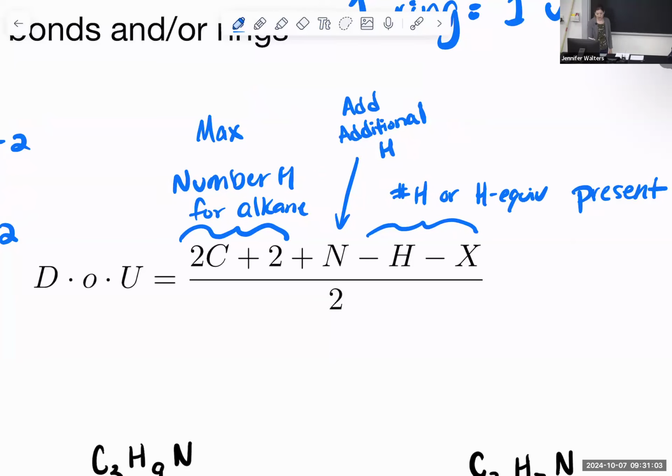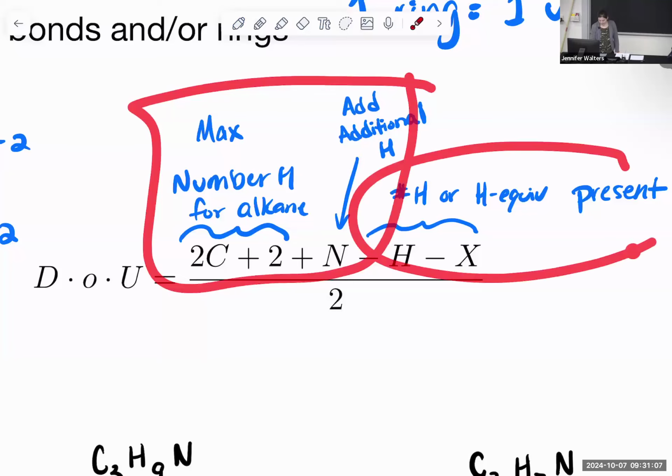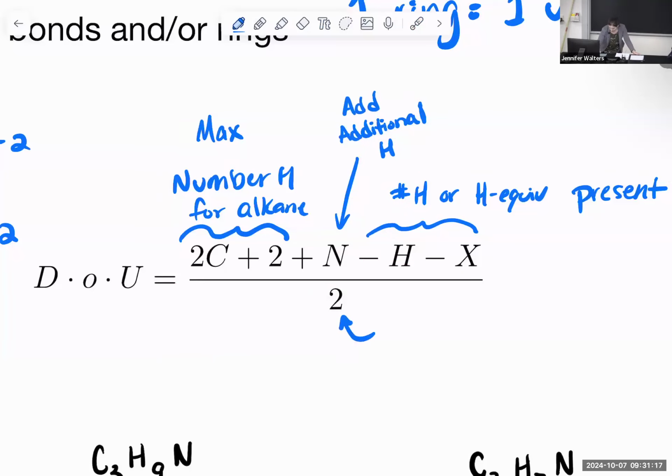So we're looking at, all right, what is the maximum number of hydrogens possible minus how many actually exist? How many do I see? And then we're going to divide by 2. You divide by 2 because one unsaturation is 2 hydrogens.